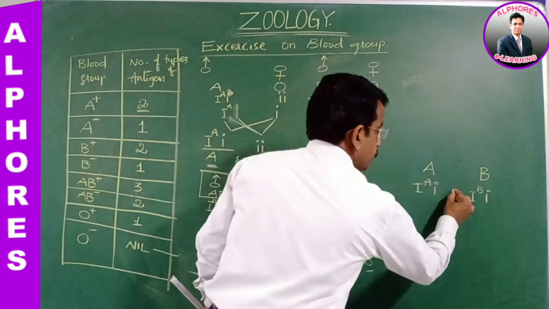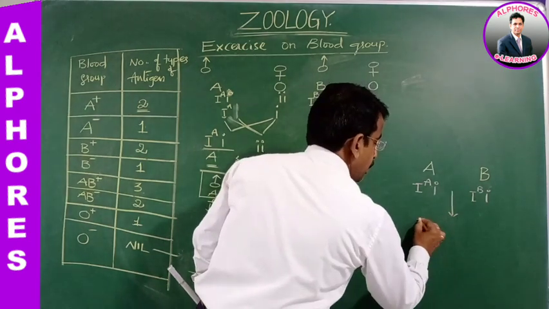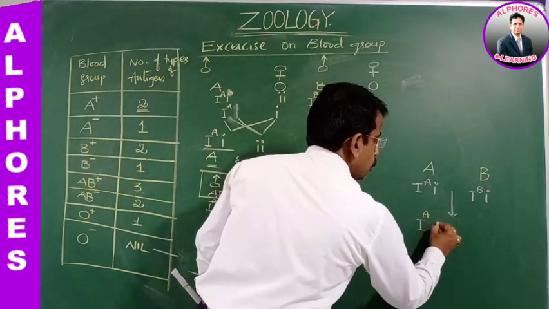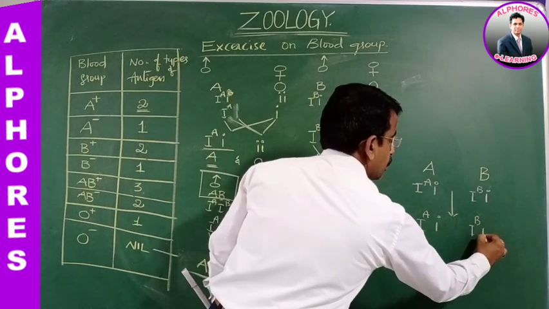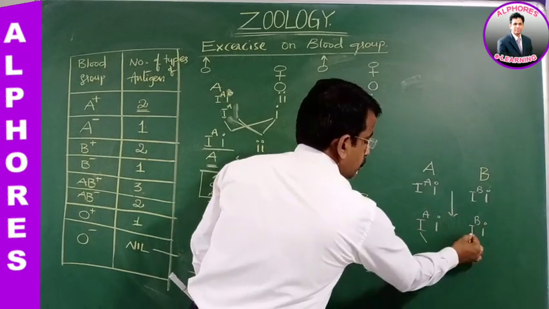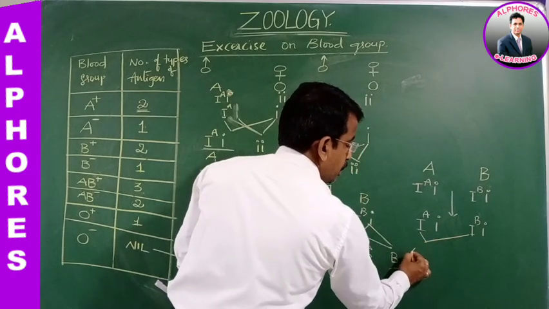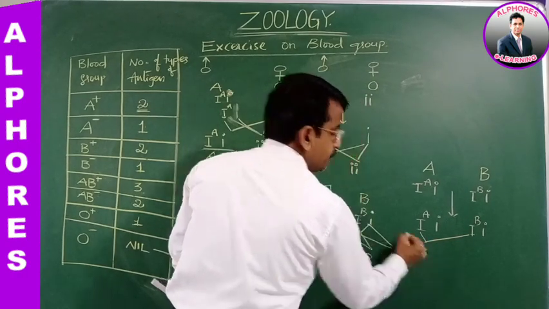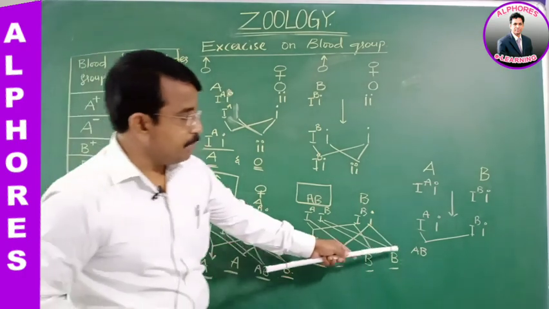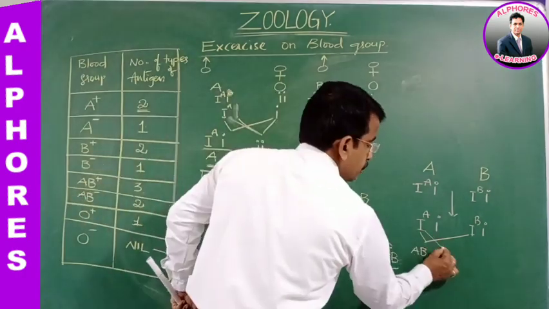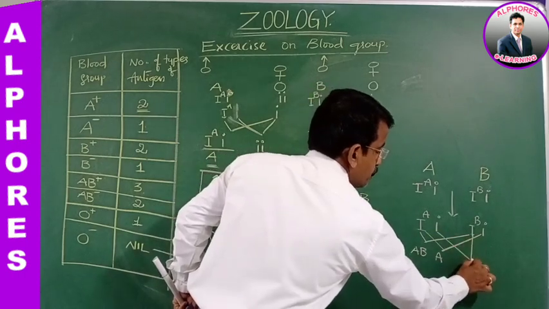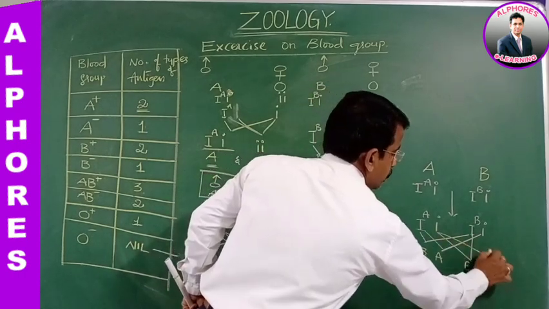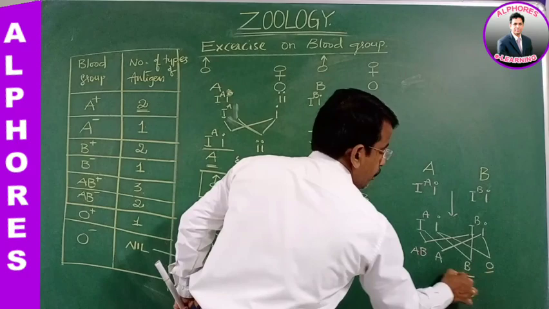Look at here, IA, IO, IB, IO. Look at here, this is AB, is it right? AB, next A, next B, next O.